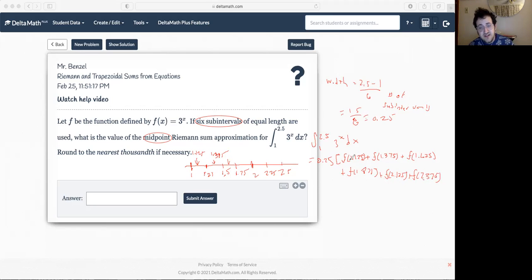So I always like to start, think about that first interval, what's the midpoint of that first interval, and just keep on adding the width to those x values.